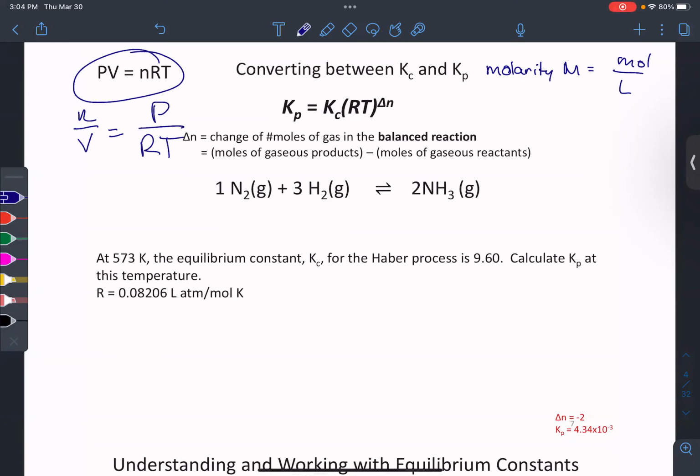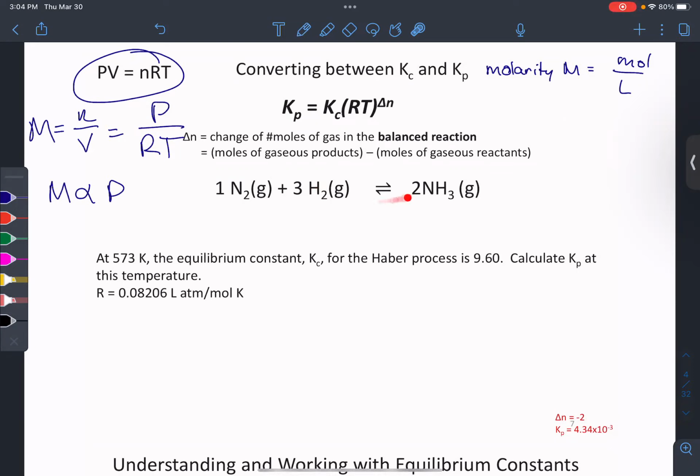Is that right? Yes, that's right. So N over V equals P over RT. What does that mean? N is moles, V is volume. That sounds an awful lot like molarity. So molarity is proportional to pressure with this RT term.